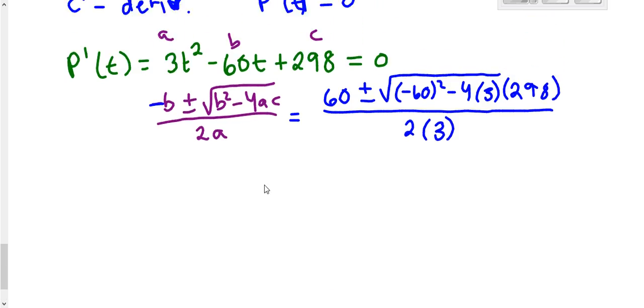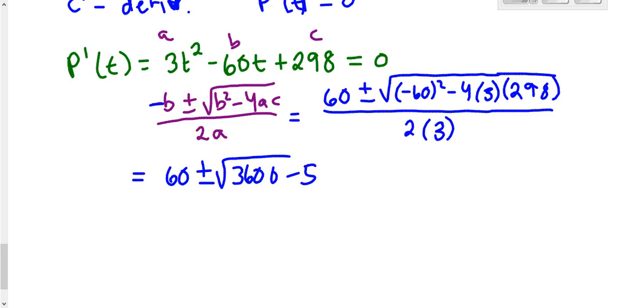Next, I put this in my calculator. I simplified it down. I did under the square root first, so that gave me 60 plus and minus the square root of 3600 minus 3 times 4 times 298, which is 3576. Oh, this Smart Notebook is getting really slow. I'm sorry. All over 6.